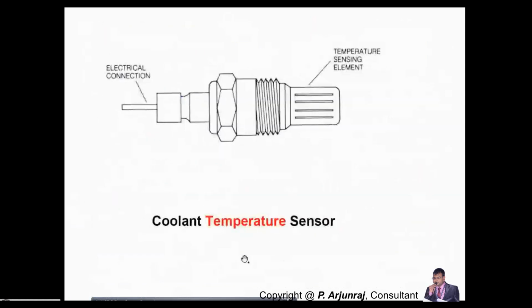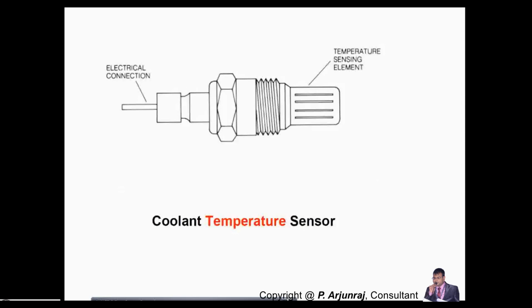We also saw in the last class the lubrication and cooling system, where you have the thermostat. If the temperature of the coolant is less than 90 degrees, the thermostat will not open. And if it is more than 90 degrees, the thermostat valve opens and coolant will go to the radiator.